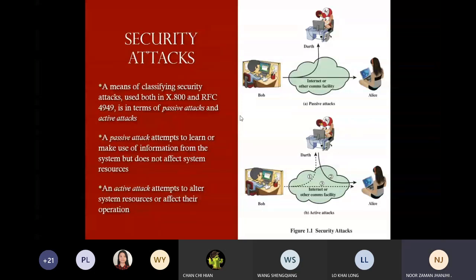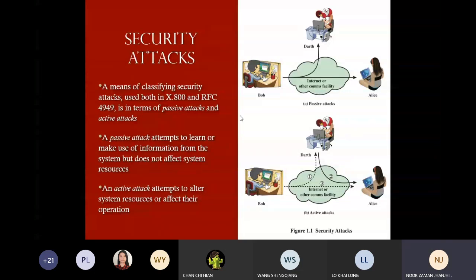Now you will see that the arrow points are different from the previous figure. You can also see that the numbering system is also different. What happened after having all the information is that Dart is now able to amend the message. We use the word amend. It means he may change it, alter it completely, or replace it, whatever he wants to do.